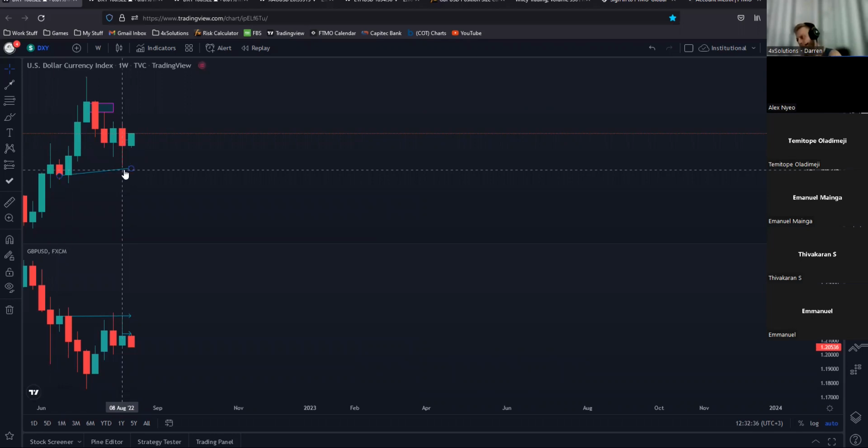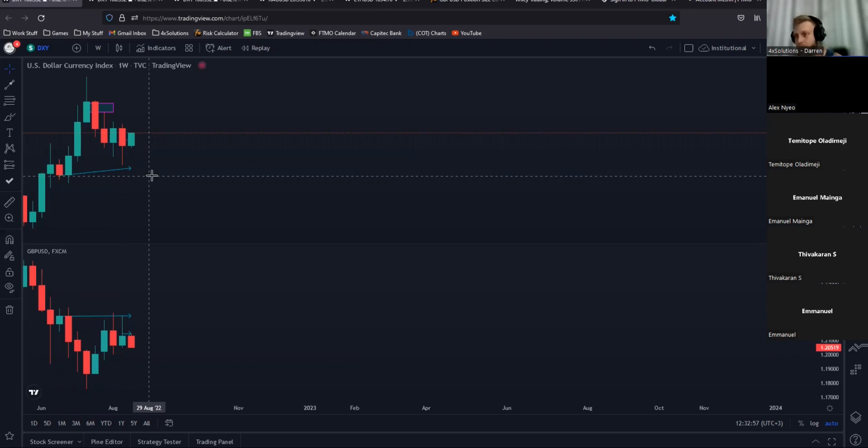So I've shown you how to do SMT based on swing highs and swing lows, but there's really no limit to what you guys can use in terms of SMT, as long as you can understand what the market structure looks like in terms of open, high, low, and close, and how the market works.